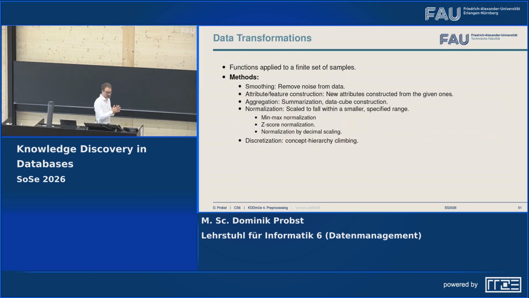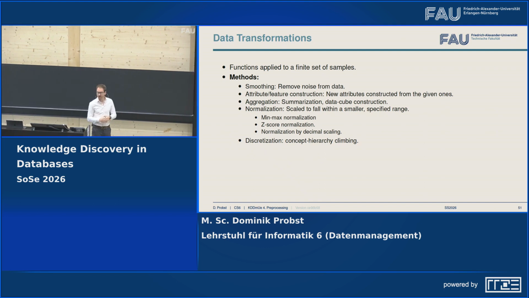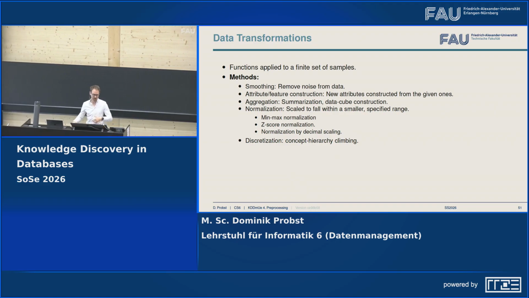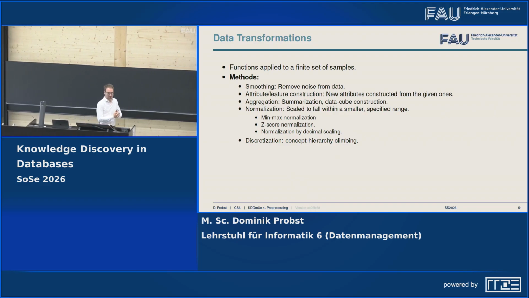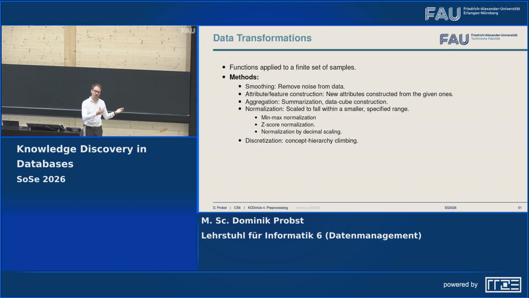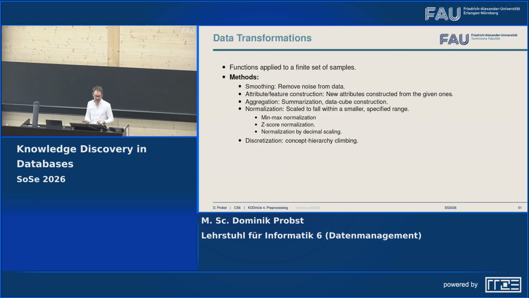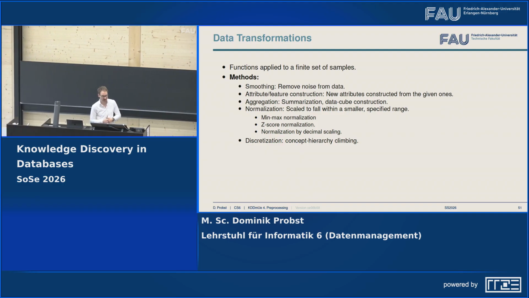Data transformations in general are functions that are applied to a set of samples or set of data points, which are most often samples, to transform the data into another data set. Into, for example, a smooth data set to remove noise from the data.